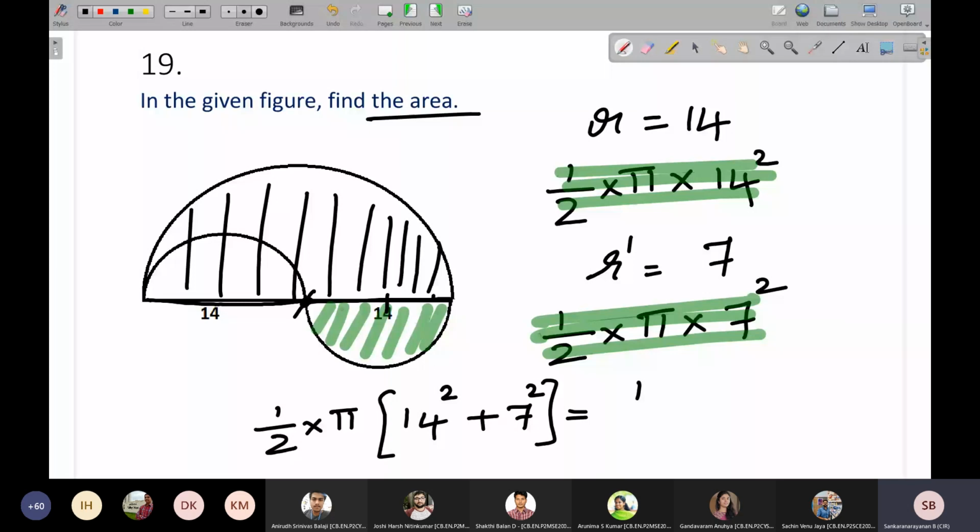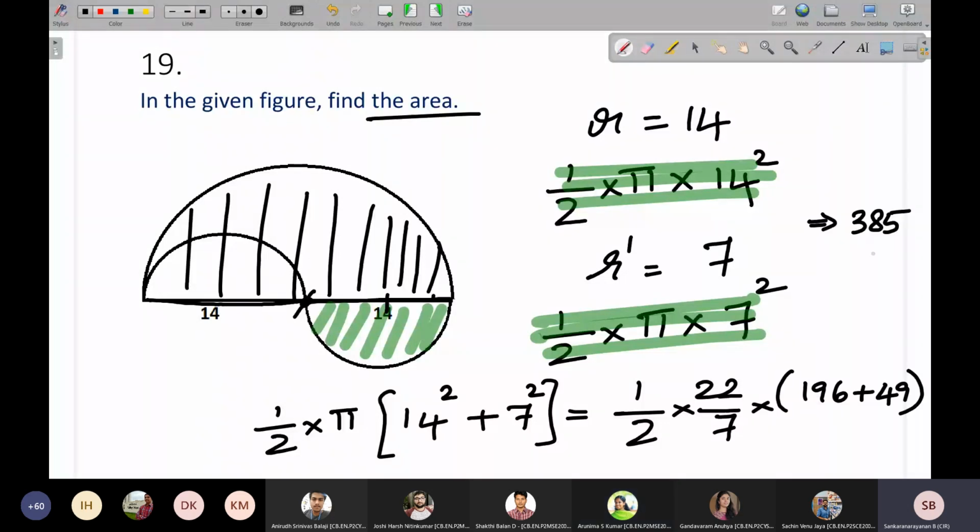Half of 22 by 7 into, we have 196 plus 49, that is 245... 385. Yes, you should be getting 385, right? 385 square units. Okay, 385 square units, right?